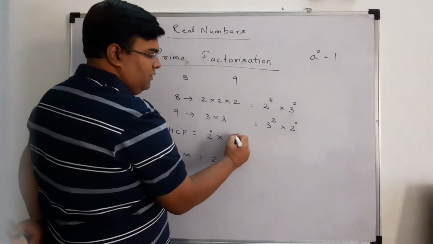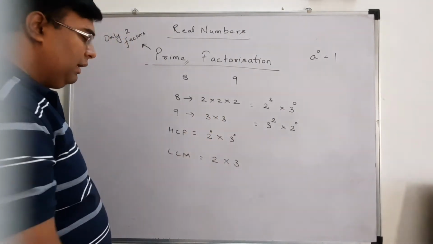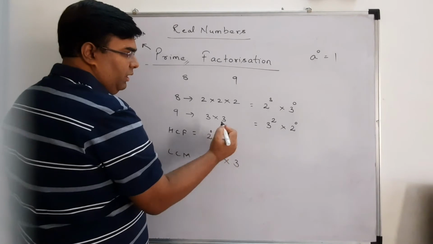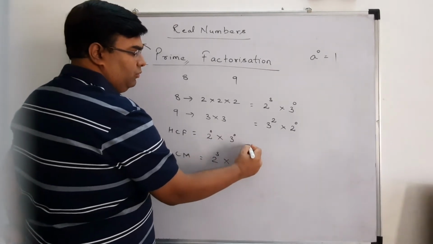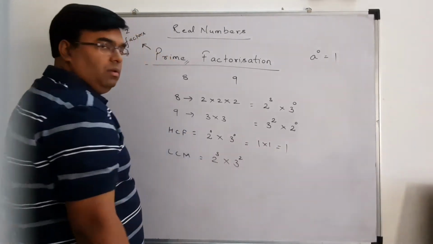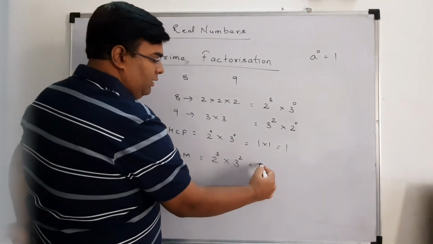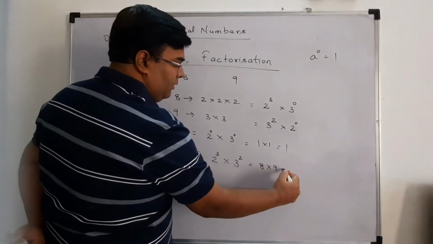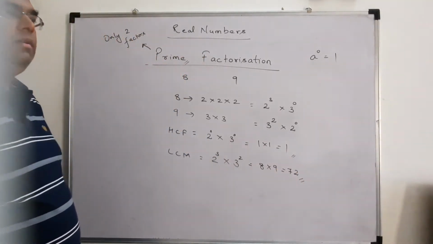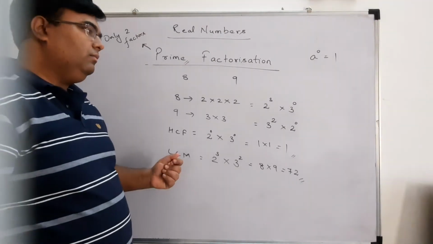Smallest power is 0. Here we will take the highest power, 2 raised to 3, 3 raised to 2. So you will get HCF as 1 multiplied by 1, which is 1, and you will get LCM as this. Okay.